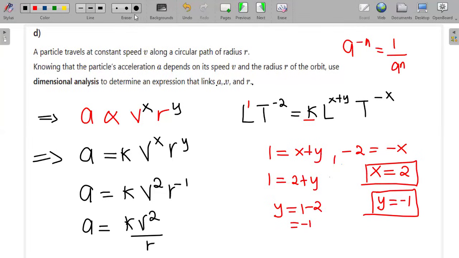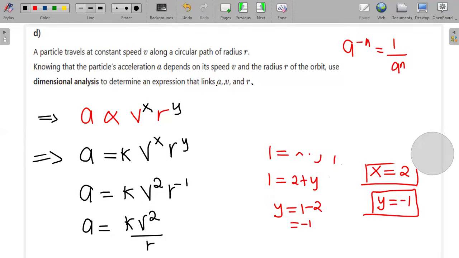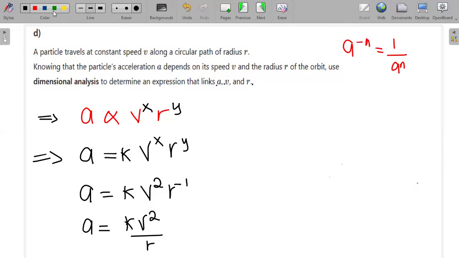Because we haven't been given the value of K, we can only get it from the experiment. We're going to say K is dimensionless. For this question, it's a very common question in the exam and in the test. You can say from experiments, K is equals to 1.